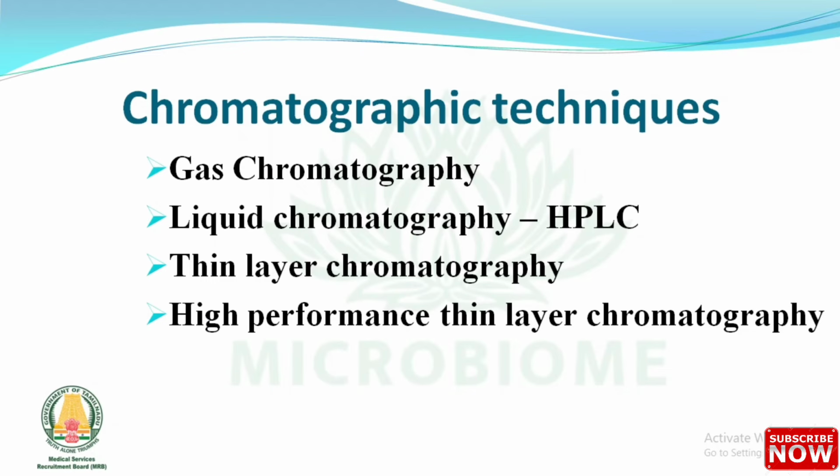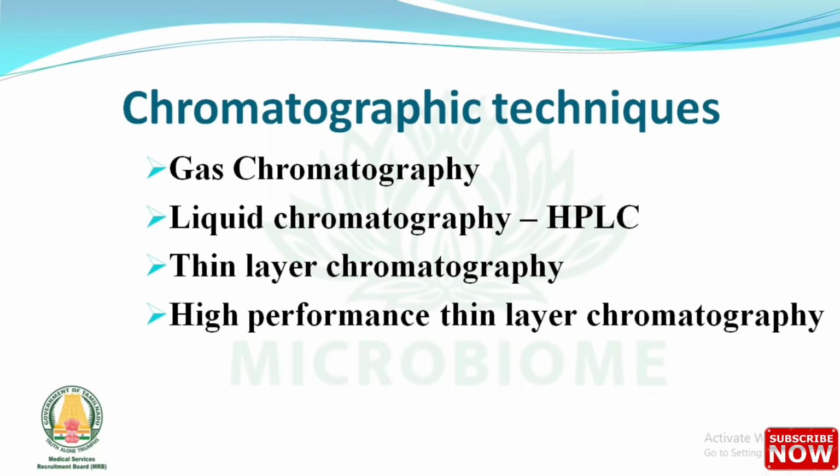And then, thin layer chromatography. It is an important chromatographic technique for qualitative identification and initial screening of components. Here, the amino acids and amines are detected by spraying the plate with a solution of ninhydrin, resulting in a blue or purple colored spot.